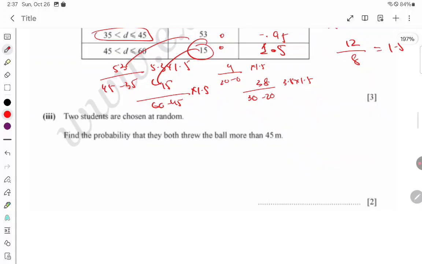In part 3, 2 students are chosen at random. Find the probability that they both throw the ball more than 45 meter.